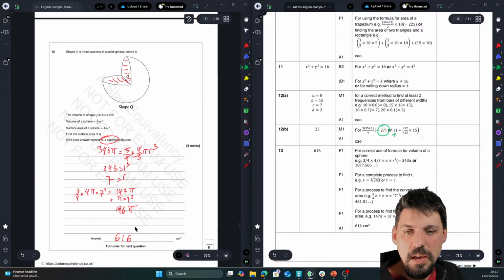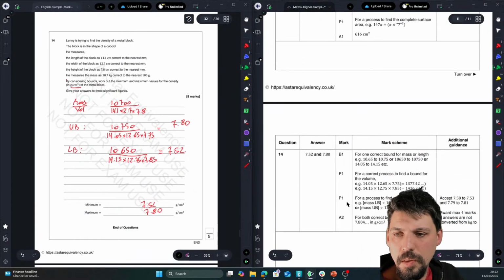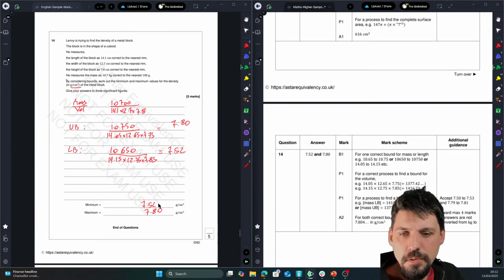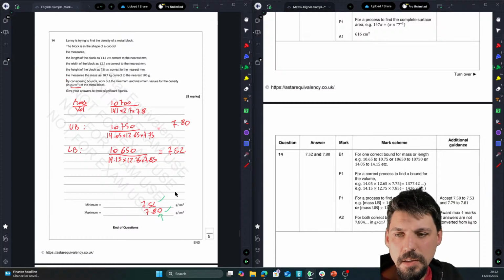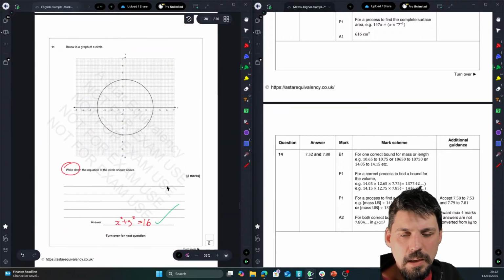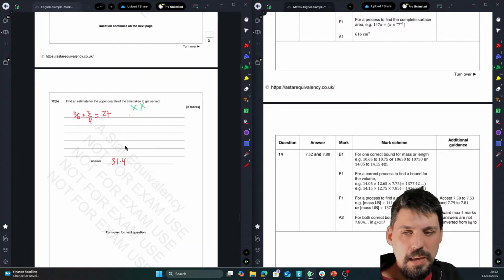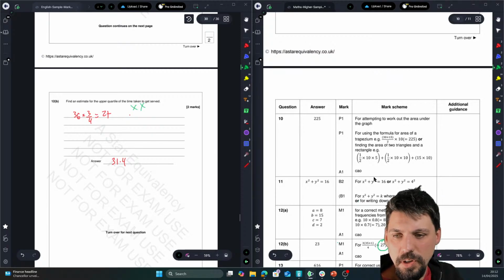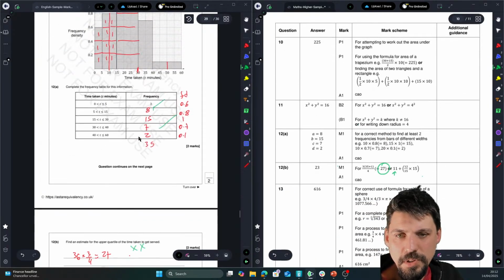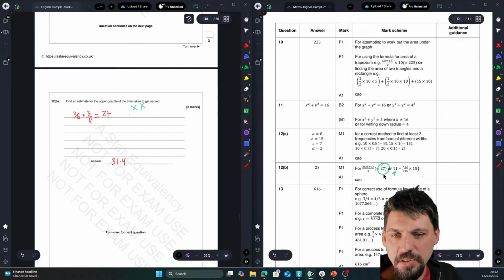616, we're okay. 7.52, 7.80. Look, I even put the 0 in for the 3 sig fig. So that's cool. And that's it. Now this one here, let's just say that they mark it as wrong if they are wrong, which I think would be absurd because that is just patently garbage.